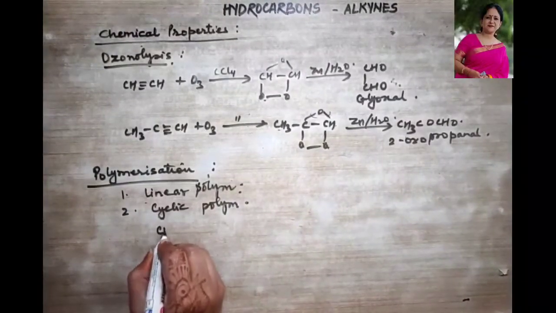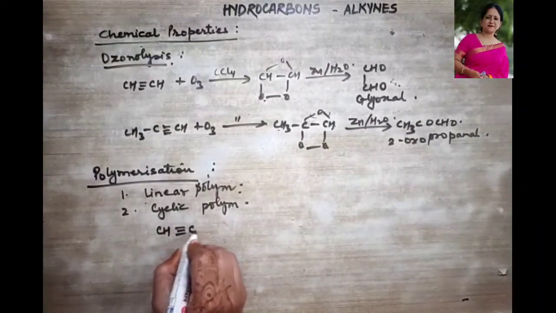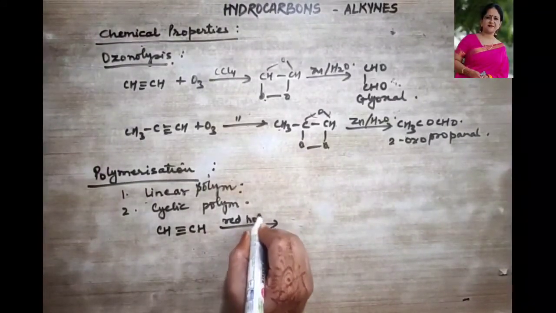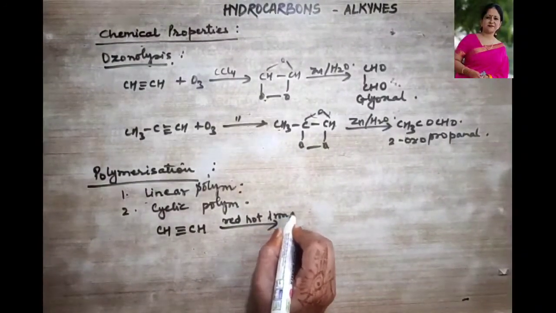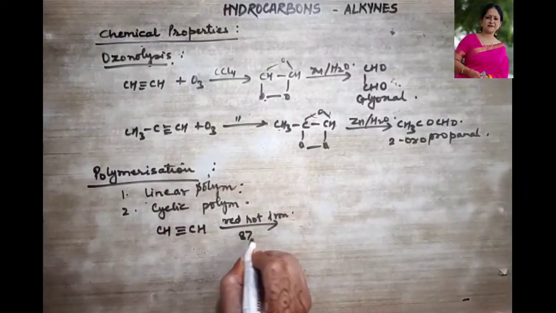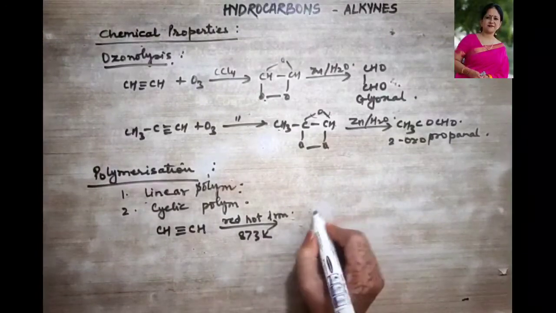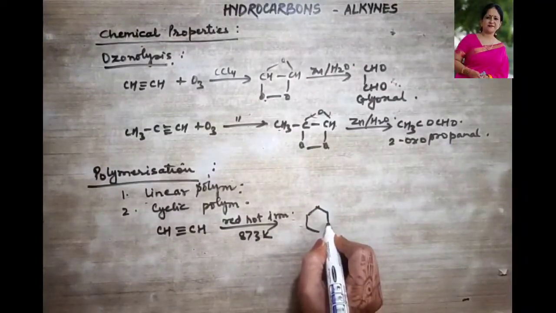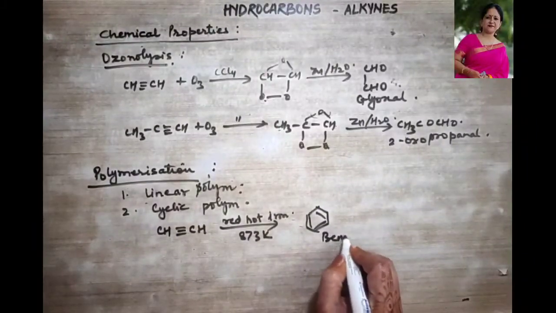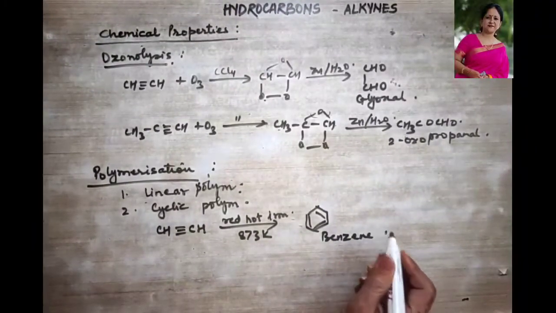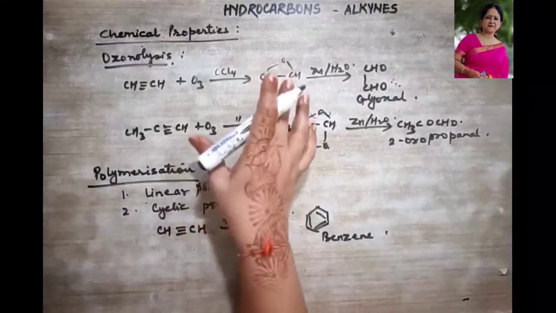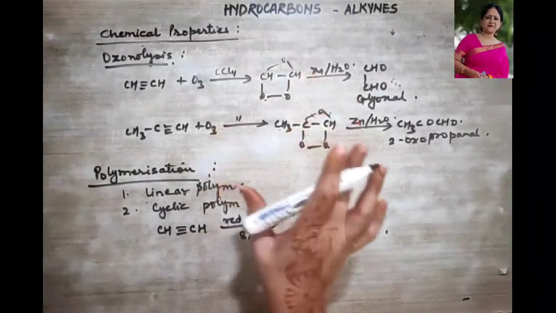For example, CH triple bond CH in the presence of a red hot iron tube at 873 Kelvin is going to form benzene. So these were some of the chemical properties of alkynes.